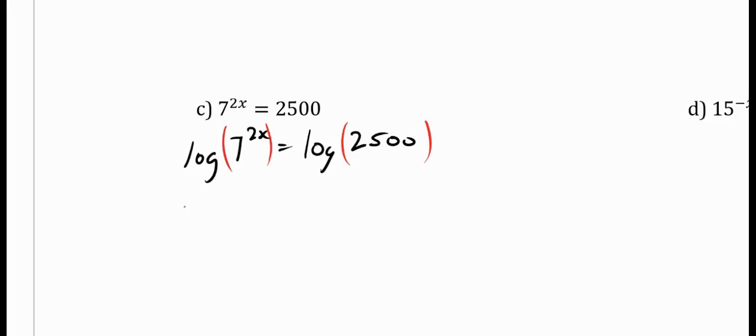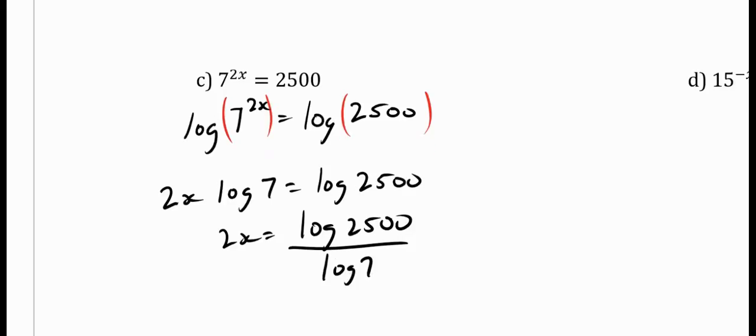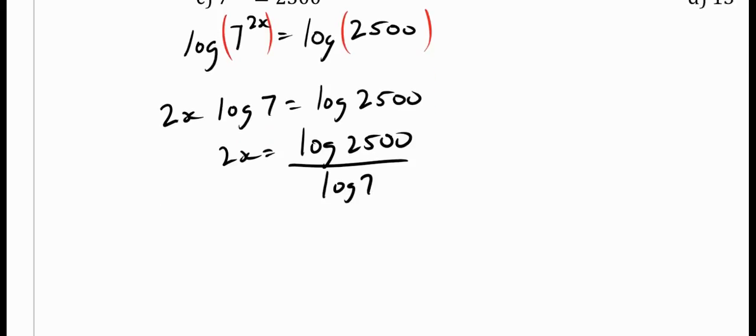On the left side, I can use this property. Both of these are base 10, so I can evaluate them with my calculator. I'm going to divide both sides by the log of 7. And then I'm going to divide both sides by 2. You could certainly do them both at the same time, but the 2 is just going to join the denominator.